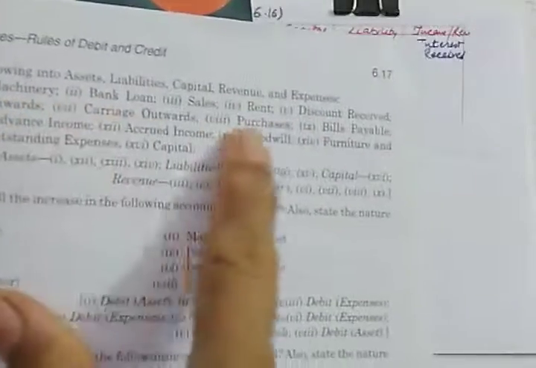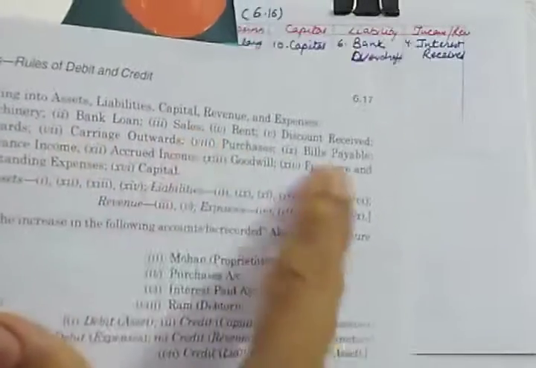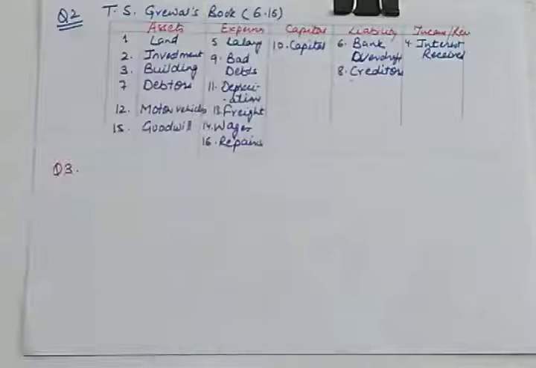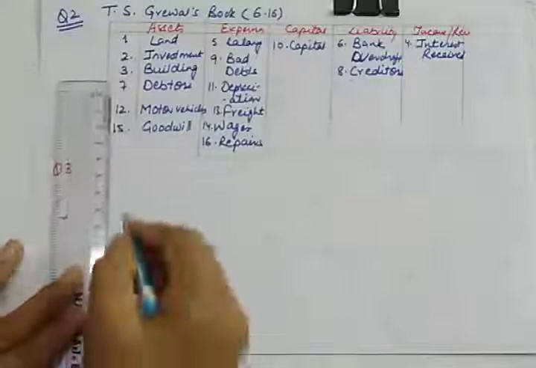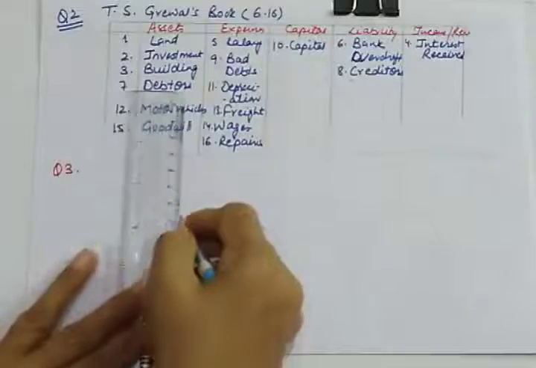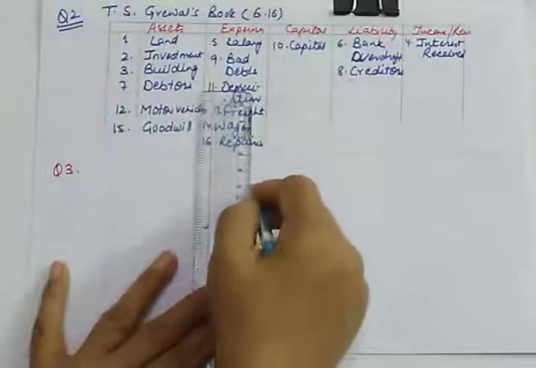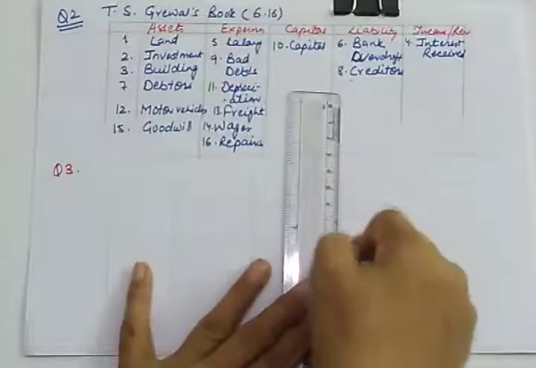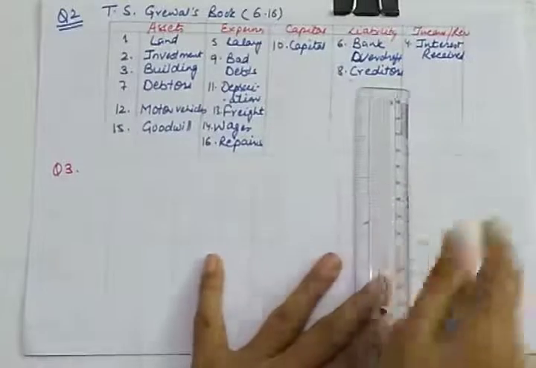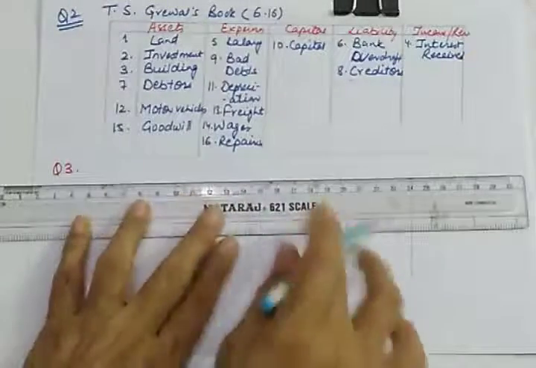Again, different types of assets, liability, capital, revenue are given. So let us make the same type of table again. There will be 5 columns.